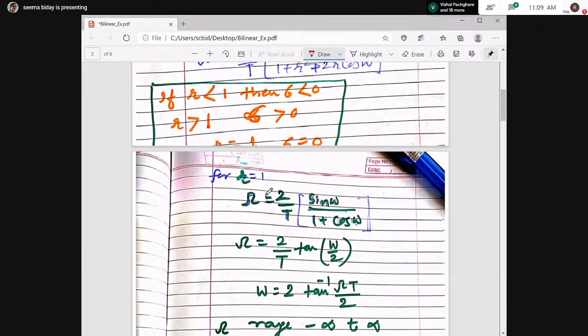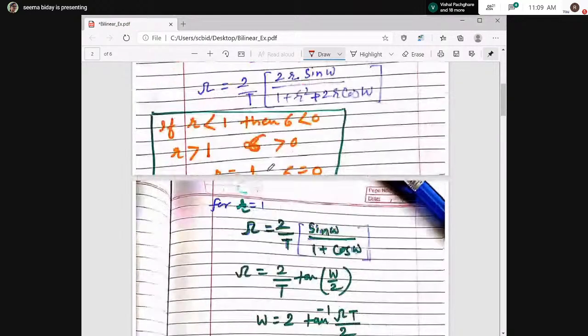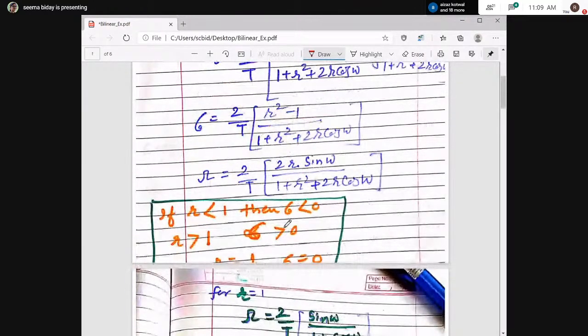So now, what is the significance of this? Can you write the significance in the chat box?